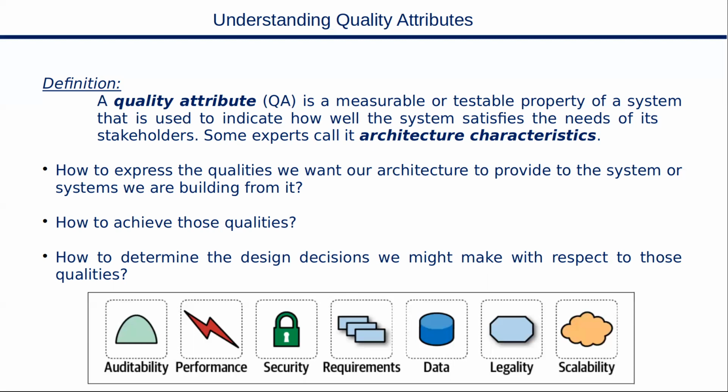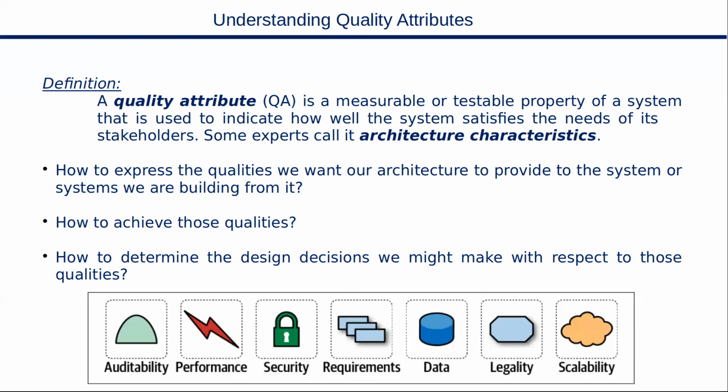In a classical approach, some experts call it non-functional requirements. Just for your understanding, all of these terms are about one single kind of characteristic or attribute, which describes the system from the non-functional perspective.